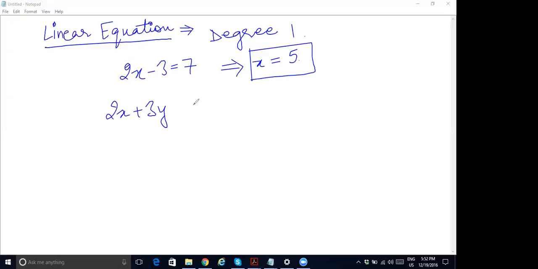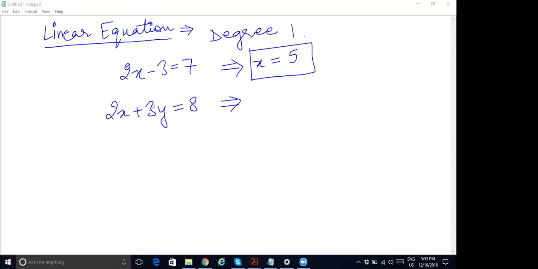Now, 2x plus 3y is equal to 8. How many solutions? Well, it depends on the value of x and y. Degree is still 1, correct?